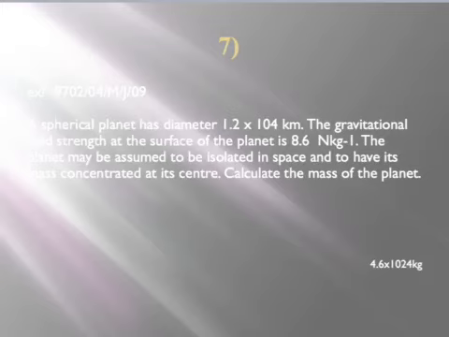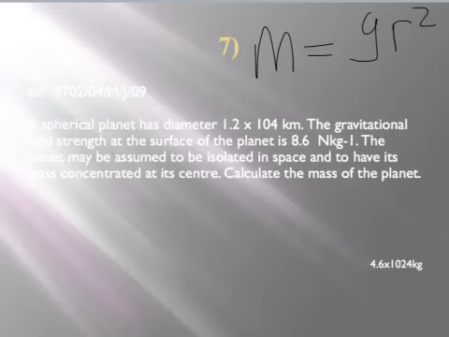So fairly straightforward, we're just going to use the same expression, solving for m this time. So m equals small g times r squared over big G. And if you're careful with the substitution, you should get 4.64 times 10 to the 24, and chop off the 4 because we've only got 2 figures given everywhere, so we can only quote our final answer accurate to 2 significant figures. That should be to the power of 24.